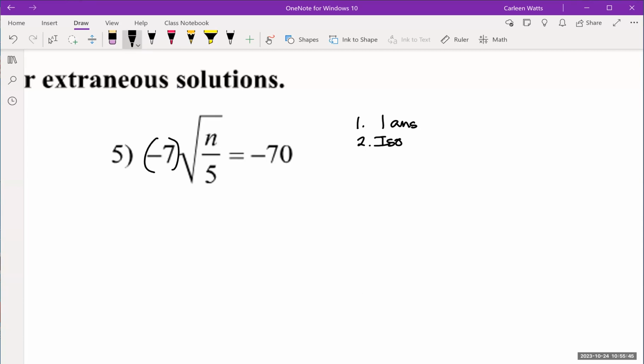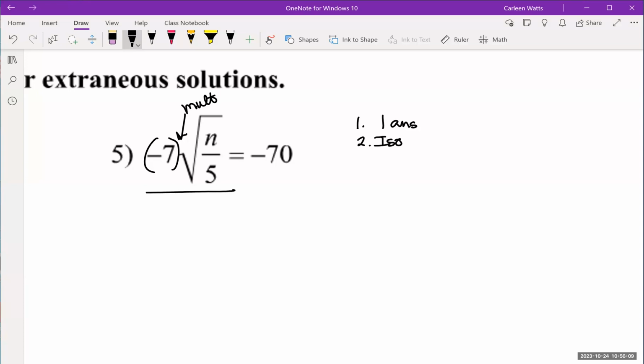This is multiply. So to isolate the square root, I need to get rid of the -7 that is being multiplied by the square root. So how do I get rid of a -7 being multiplied?